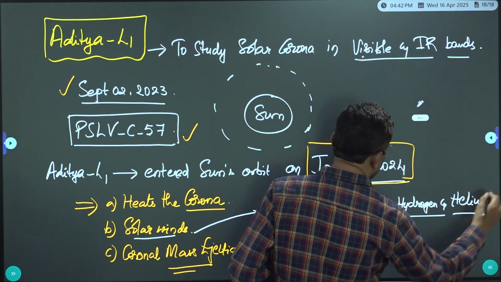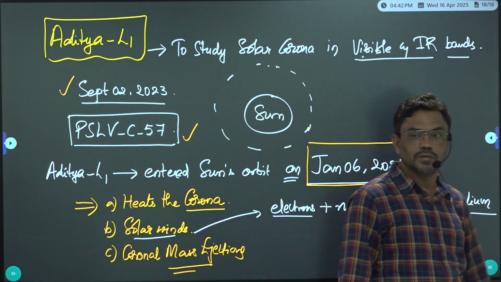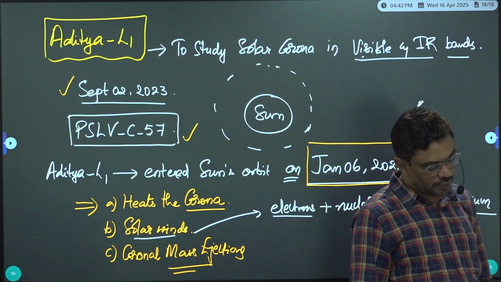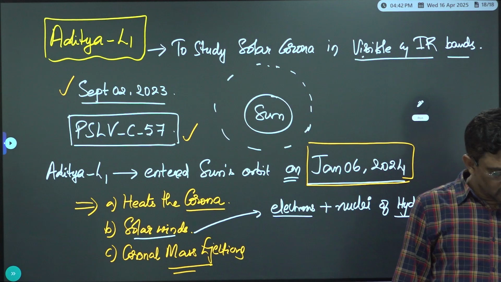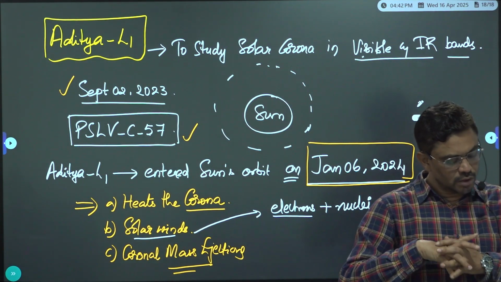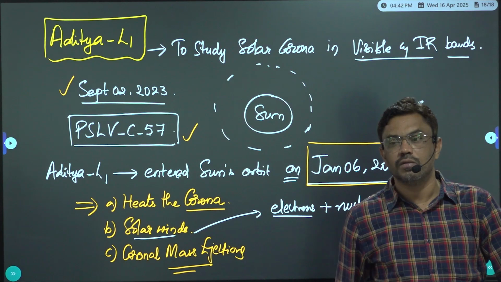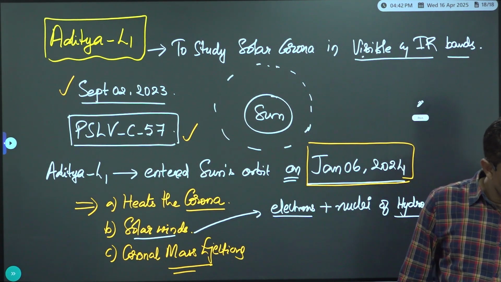You remember the composition of the solar winds. Solar winds are basically composed of electrons and nuclei of hydrogen and helium atoms.